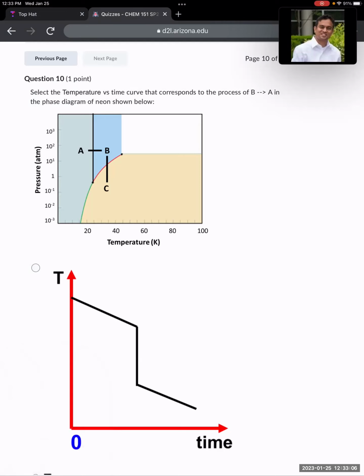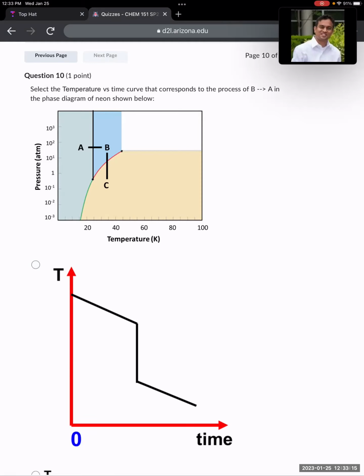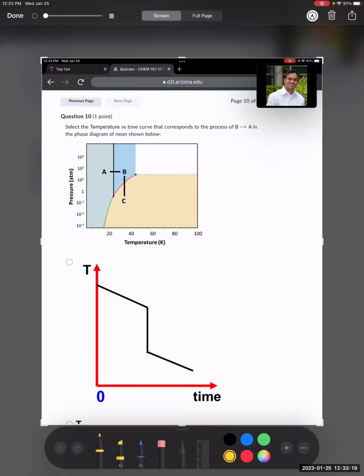Select the temperature versus time curve that corresponds to the process of B to A in the phase diagram of neon. All right, so we might have to draw it out before we look at the options. B to A, we are cooling, right? Because B is at a higher temperature around here, and A is at a lower temperature, so we are cooling.